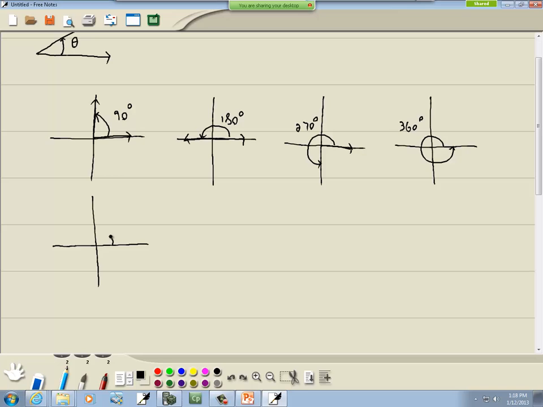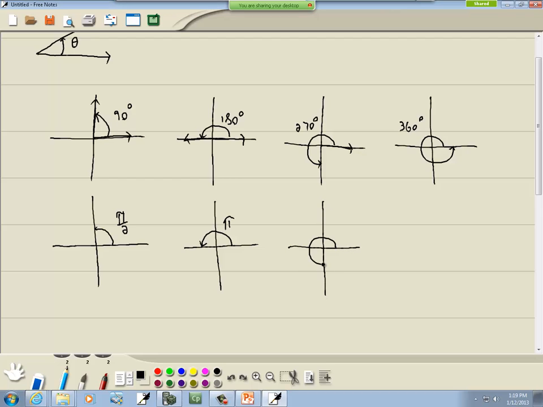Now, if I go starting here and go up to here, this can also be represented, instead of in degrees, in something called radians. And this would be pi over 2. If I go all the way over to here, this would be pi.